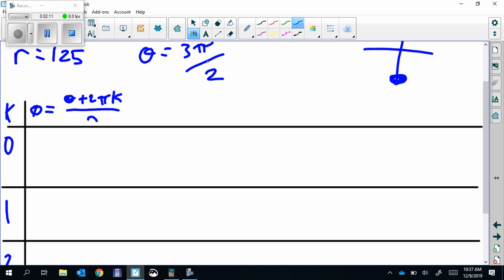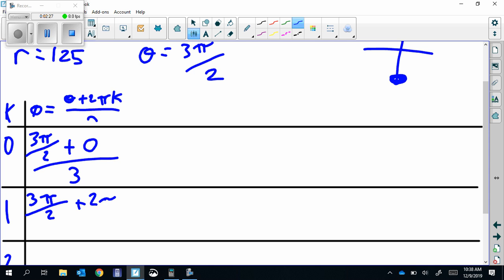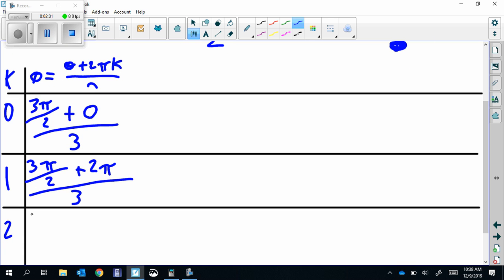Theta is 3 pi over 2, so 3 pi over 2 plus 2 pi times 0 is 0, all over n is 3. Plugging in 1, we get 2 pi here, so plus 2 pi all over 3. And then plugging in 2, 2 times 2 pi is 4 pi all over 3.